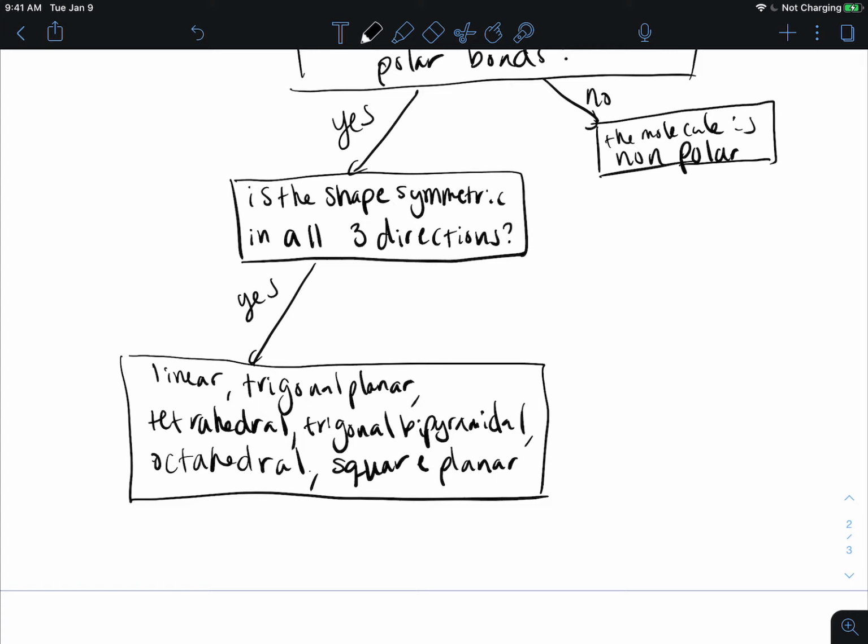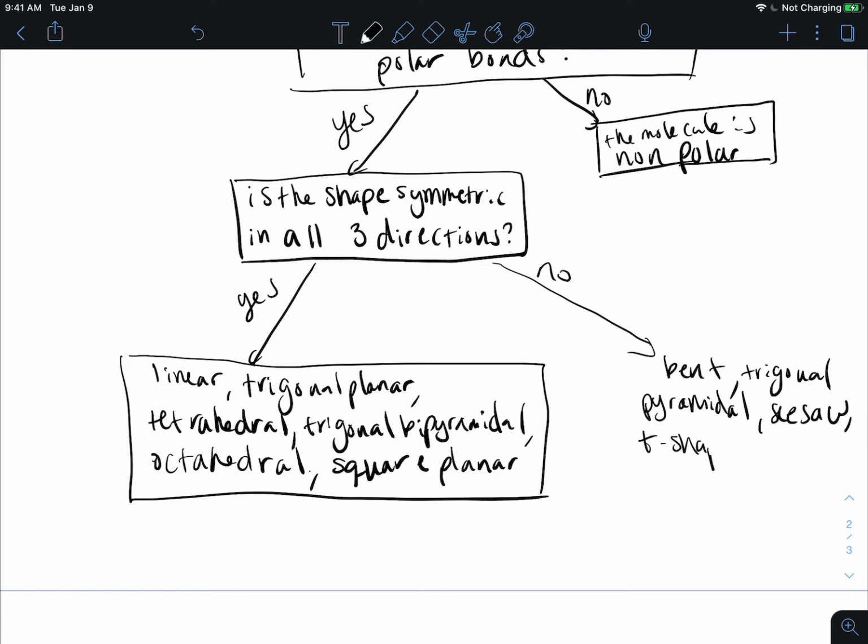If the answer is no, it's going to be one of these geometries. So our asymmetric geometries include bent, trigonal pyramidal molecular geometry, obviously, seesaw or sawhorse molecular geometry, T-shaped molecular geometry, or square pyramidal.